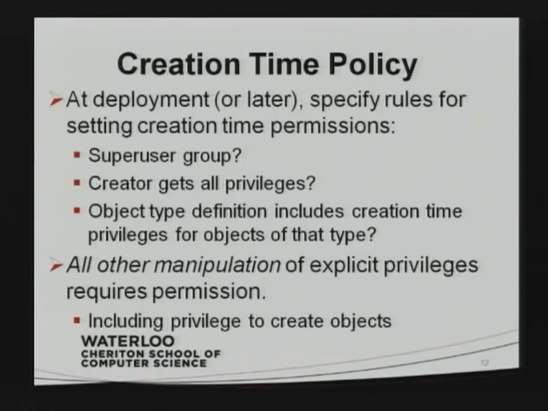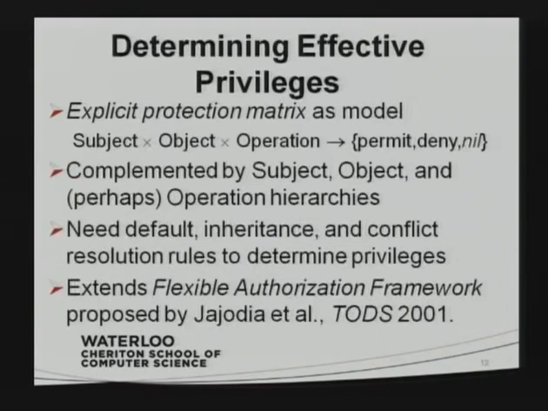All the permissions that you could eventually end up having in the system are all dictated by exactly how you've set up those initial permissions. If you don't give anybody the possibility of granting a permission to delete an object to somebody else, then nobody else will ever get such a permission from you. Okay, so that's all I wanted to say about the explicit permissions.